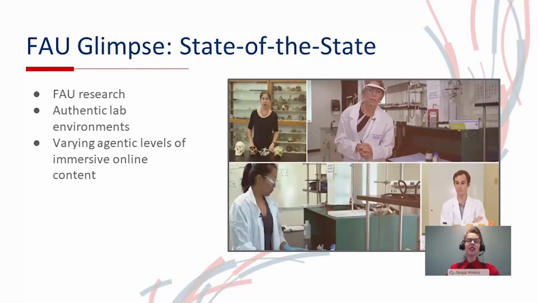There are varying levels of agency that we are able to pedagogically target that better align with the learning objectives for a more student-centered experience. And these varying agentic levels of immersive online content can be utilized differently for your specific domain.